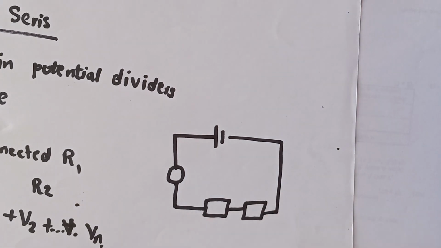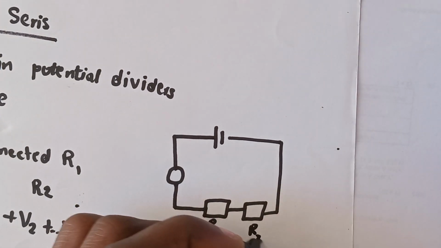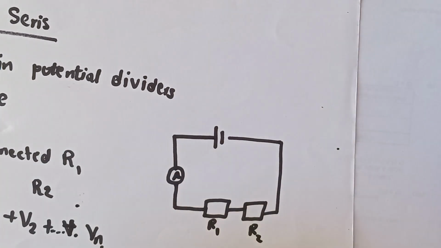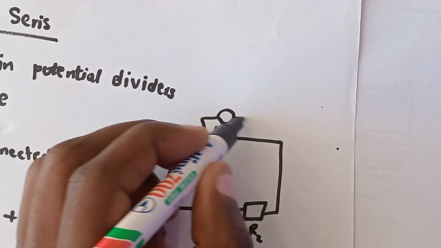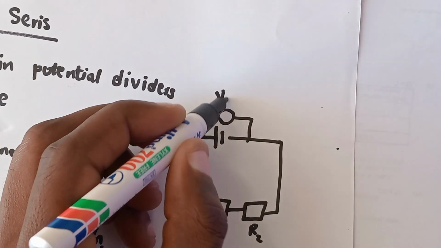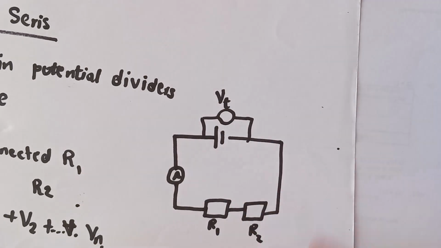We have a voltage across the terminals of the battery, that's our V total, the potential difference for the cell.